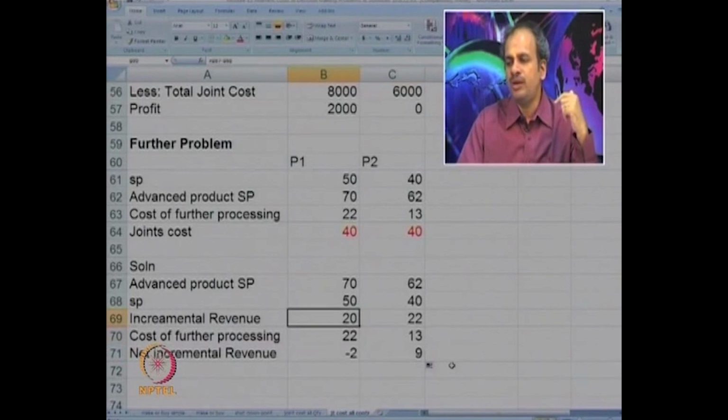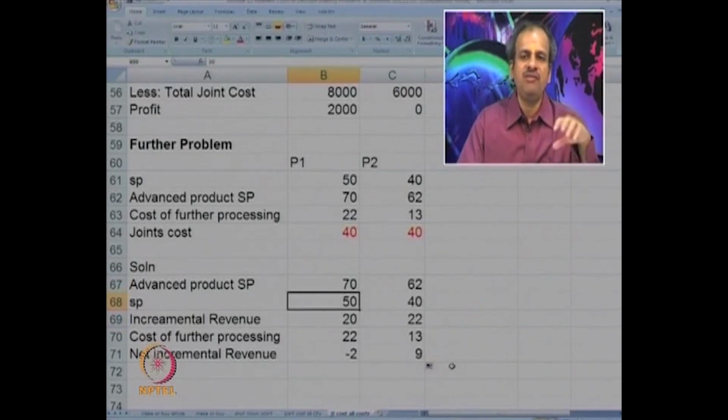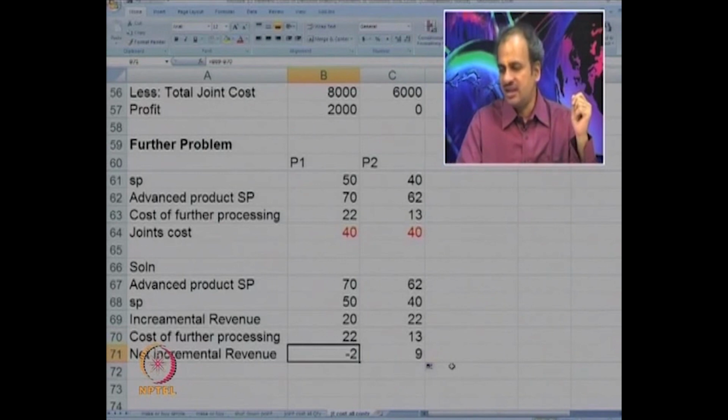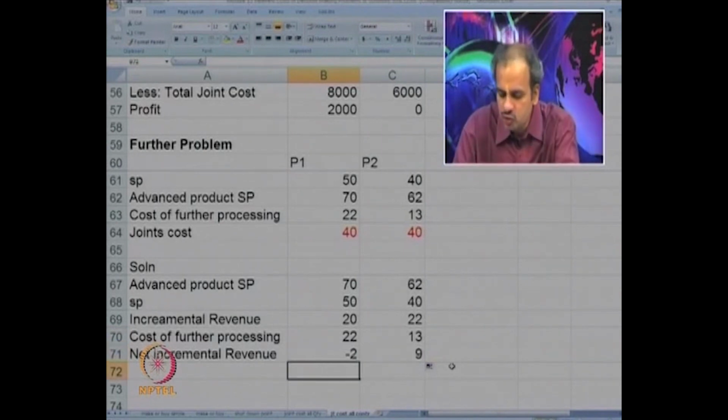Whereas if we come to P1, the incremental price was 20 rupees, that is from 50 we were able to take it to 70, but the additional processing cost was also very heavy, 22. So the incremental revenue was minus 2. So we should not further process it.